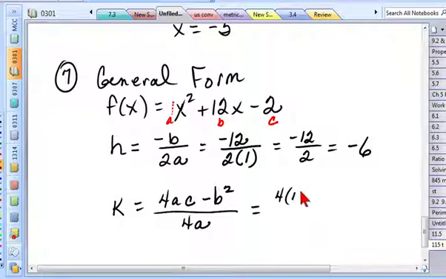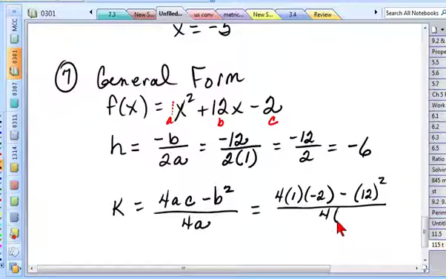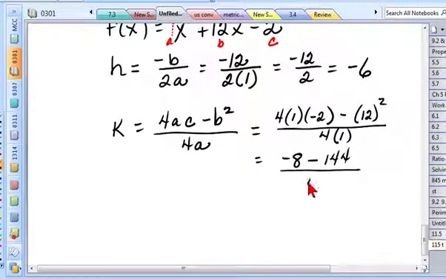It's 4 times 1 times negative 2, that's a and that's c, minus parentheses 12 squared all over 4 times 1. 4 times 1 is 4 times negative 2 is negative 8 minus 12 squared is 144 all over 4. If I combine those, that's negative 152 over 4.